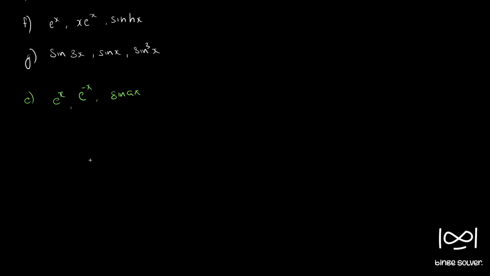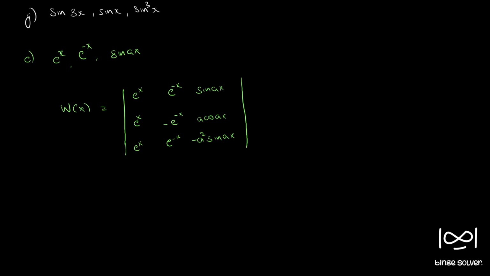Given 3 functions, the Wronskian is: e raised to x, e raised to minus x, sin ax; e raised to x, minus e raised to minus x, a cos ax; and e raised to x, e raised to minus x, minus a square sin ax.